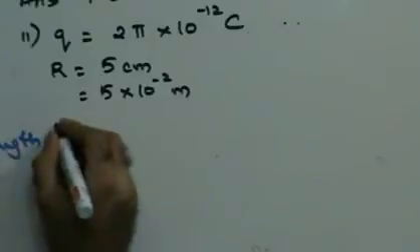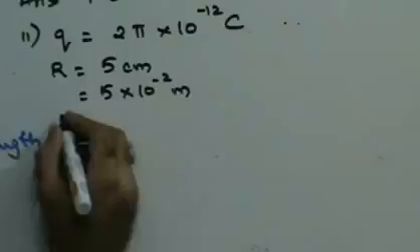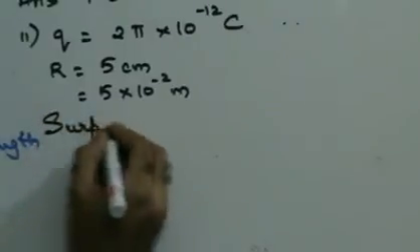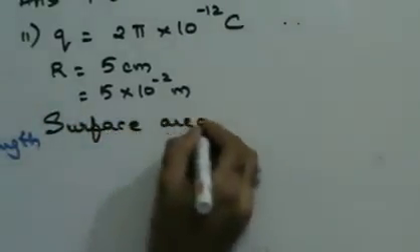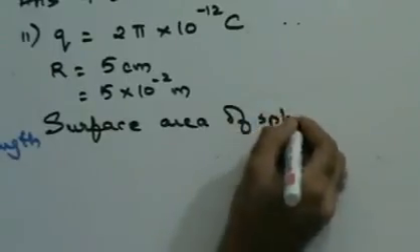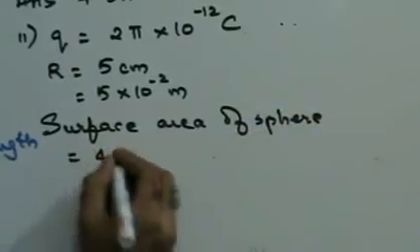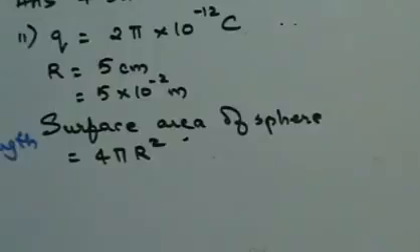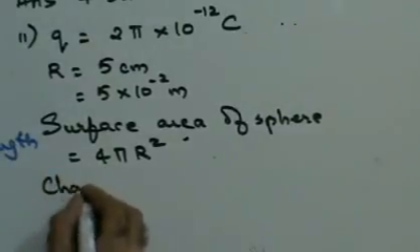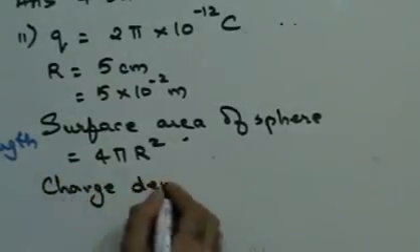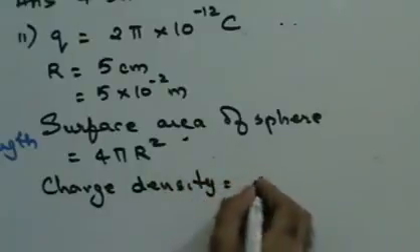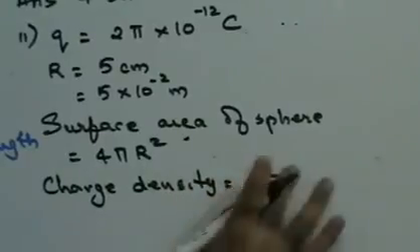Now, the given body is in spherical form. Therefore, what will be the surface area of the sphere? The surface area of the sphere will be 4πr². Charge density, by definition, is given by the formula charge upon area.